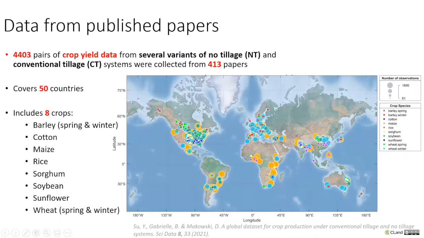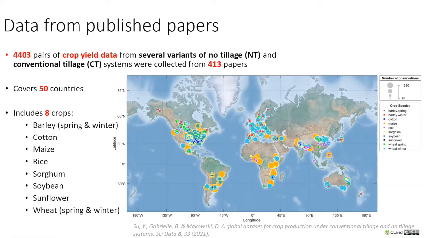To address those questions, we decided to collect data from published papers, and we built this data set. It contains 4,400 pairs of yield data from different no tillage systems and conventional tillage systems, collected from more than 400 papers.